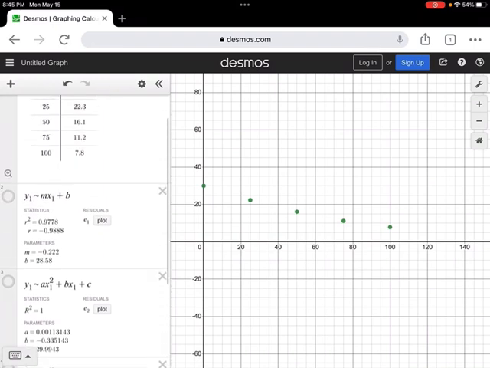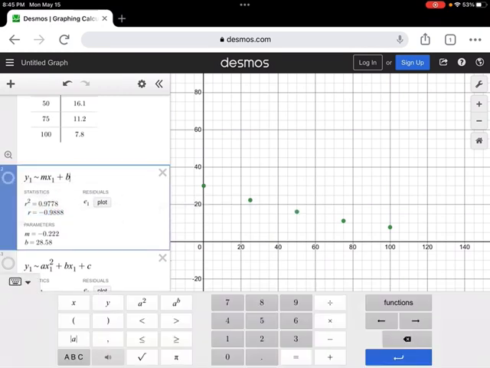And we talked about our correlation coefficient, that's R. So in Desmos, it calculates this R value for you. I'm going to kind of highlight where it's located. So the correlation coefficient for linear is R equals negative 0.98.